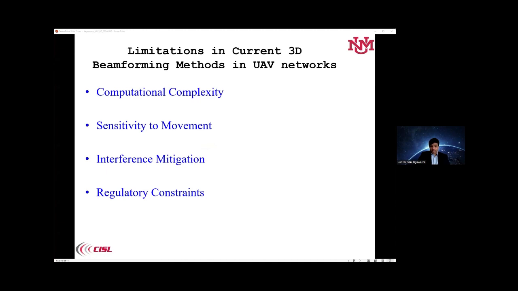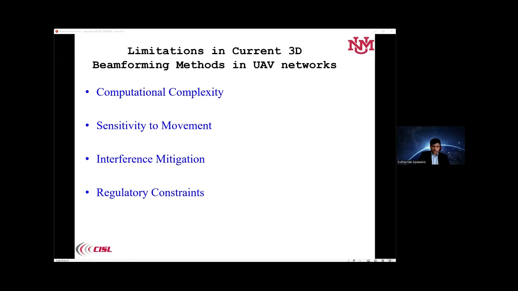because beamforming can help, but because UAVs are moving around in a multi-UAV network, it can be tricky to avoid each other's beams interfering with each other's transmissions.